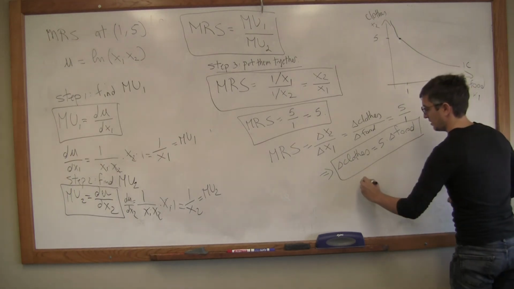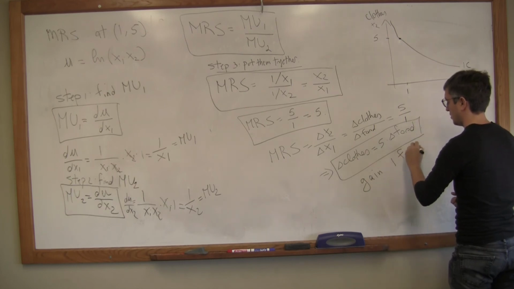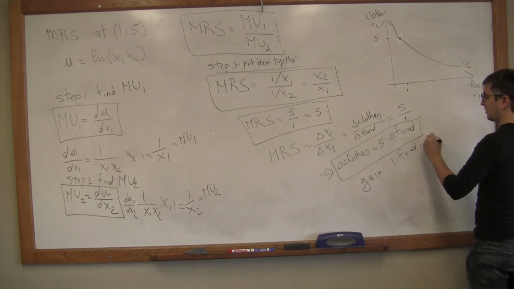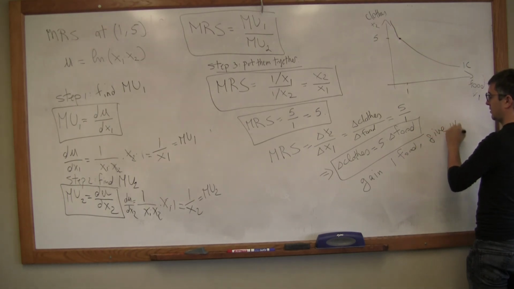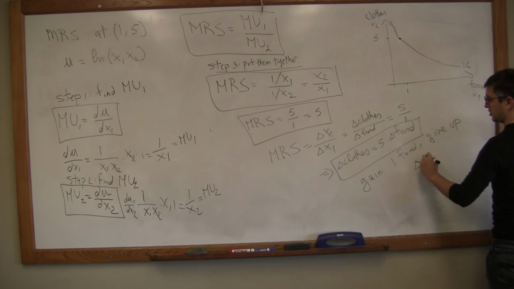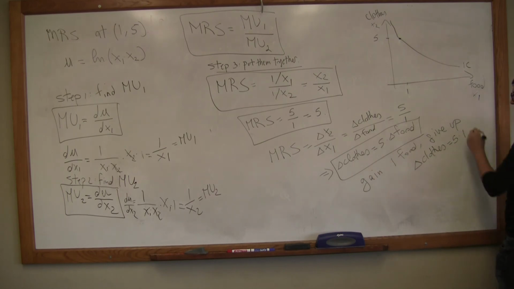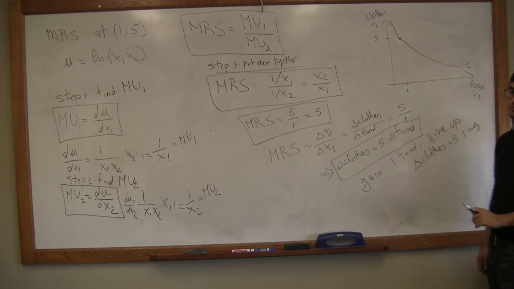So to gain one food, how much am I willing to give up? The change in clothes equals 5 times the change in food, which is equal to 5.